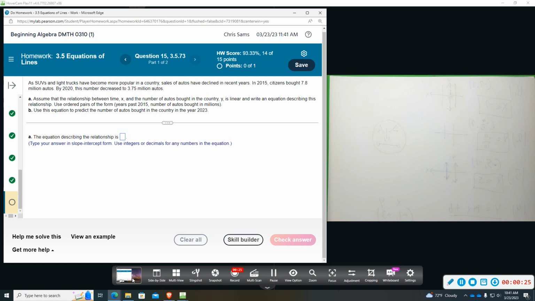So part A, assume the relationship between time, x, and the number of autos bought in the country, y, is linear, and we want to write the equation describing the relationship. Use ordered pairs of the form years past 2015, number of autos bought in millions.